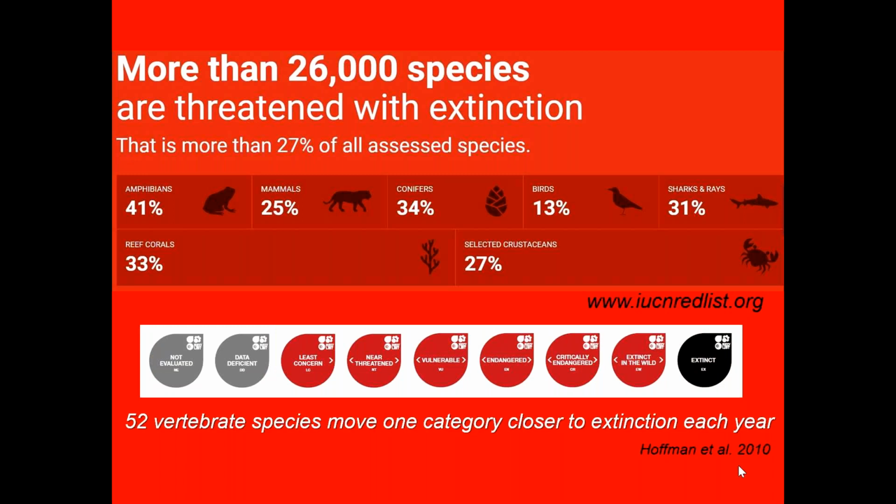We have species moving closer to extinction every day, changing categories on the IUCN Red List. And so it's even more urgent to do conservation planning and to look for all the conservation tools possible to help avoid these decreases in viability and risk of extinction.